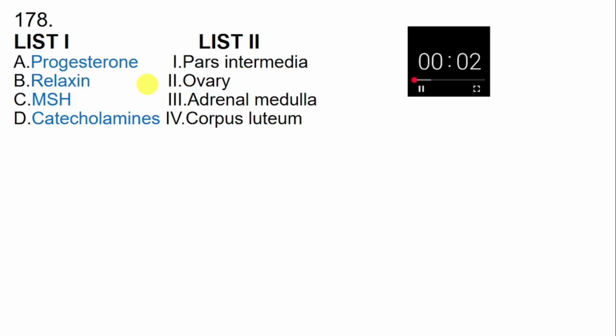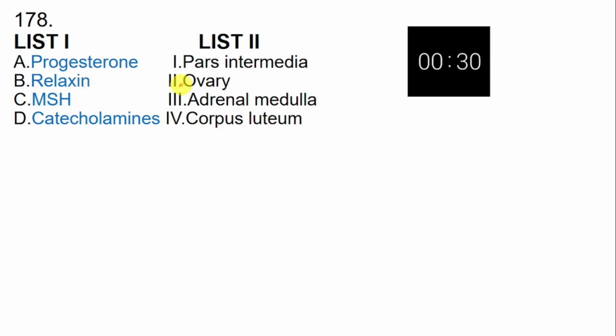Next one. Match question. Progesterone. It is secreted by corpus luteum and corpus luteum is found in ovary. Next one, relaxin. Relaxin is released in the later stages of pregnancy, and by that time corpus luteum is not there, it survives only for 3 months of pregnancy.